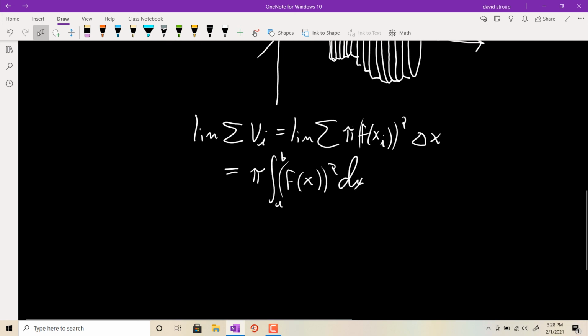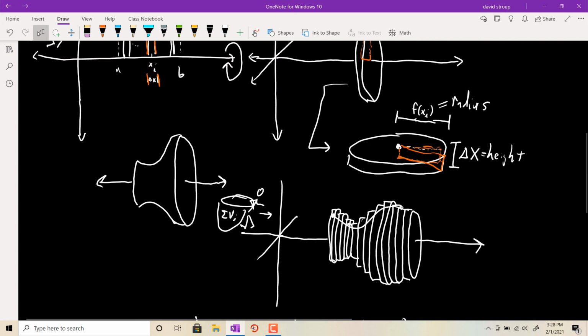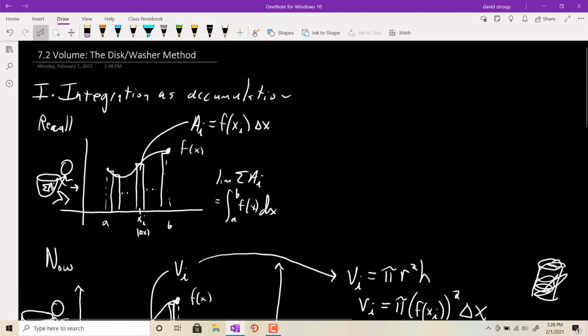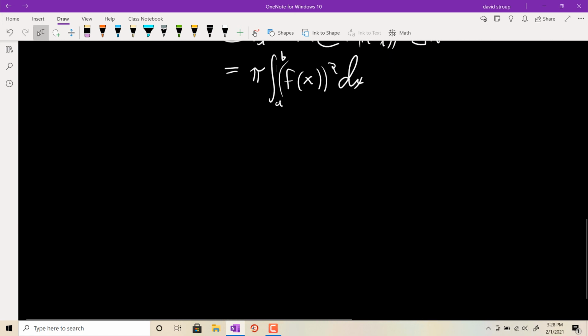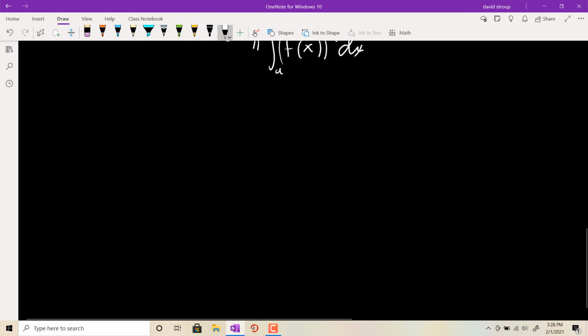Great, so let's go ahead and try some applications. We're going to be doing rotations about the x-axis, rotations about the y-axis, and then we'll also do non-axis rotations. Then we'll also have the washer method, which allows you to find volumes of objects that have holes in them.